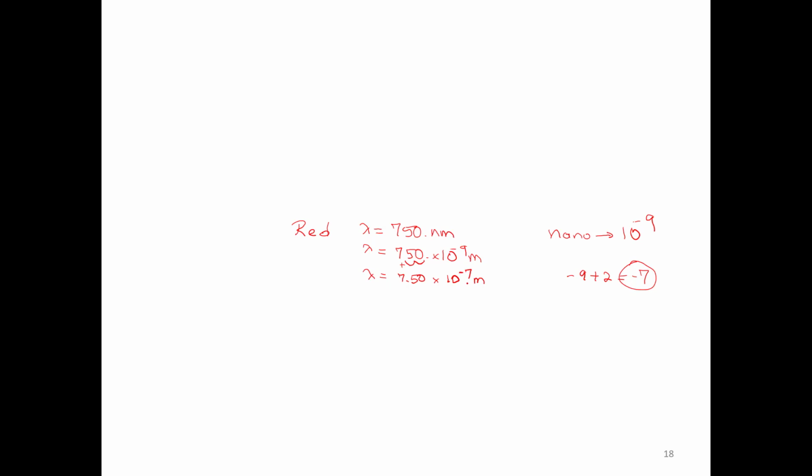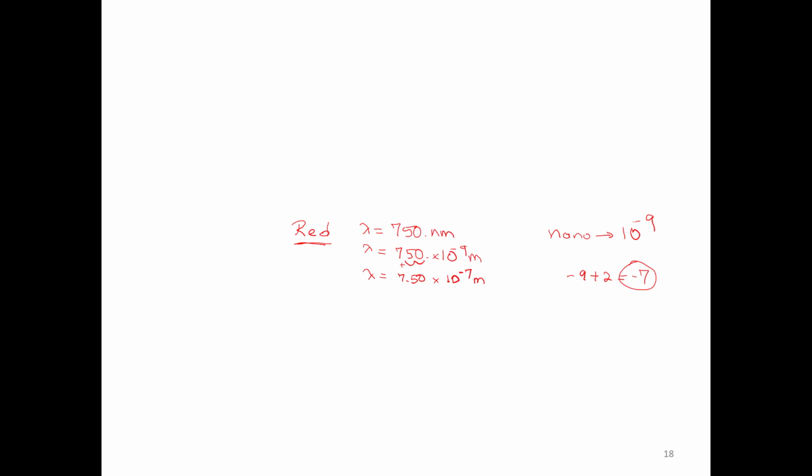Then we can say the wavelength for red is 750 nanometers. For red we can also say 750 times 10 to the power minus 9 meters, or we can say 7.50 times 10 to the power minus 7 meters.